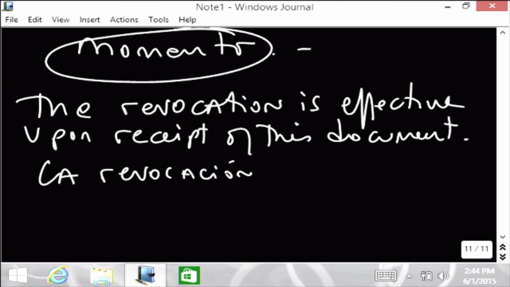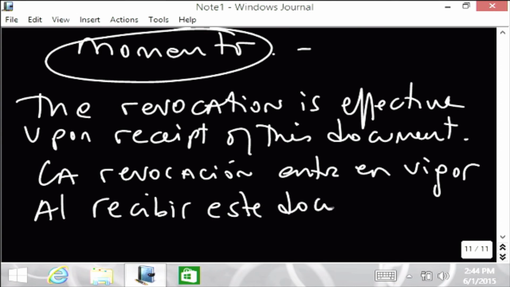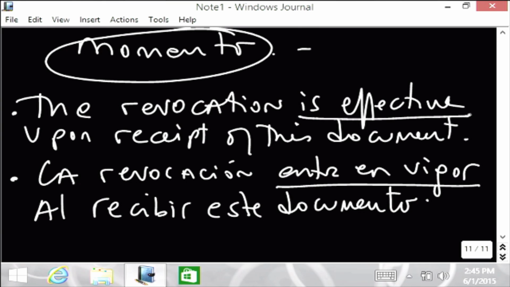Maybe. There are many ways you can handle this in a much more elegant way. The revocation is effective. In Spanish dice la revocación entra en vigor upon receipt of this document, al recibir este documento. La revocación entra en vigor, is effective. Good. Okay.